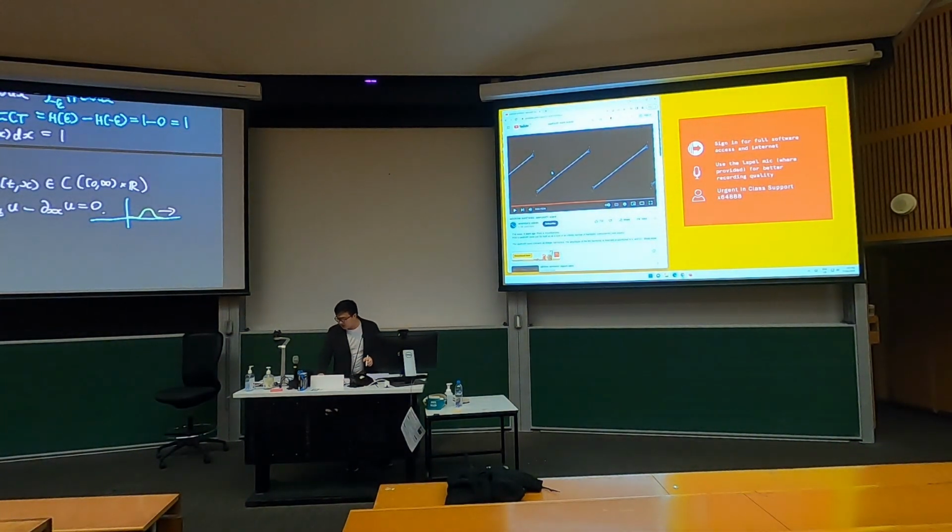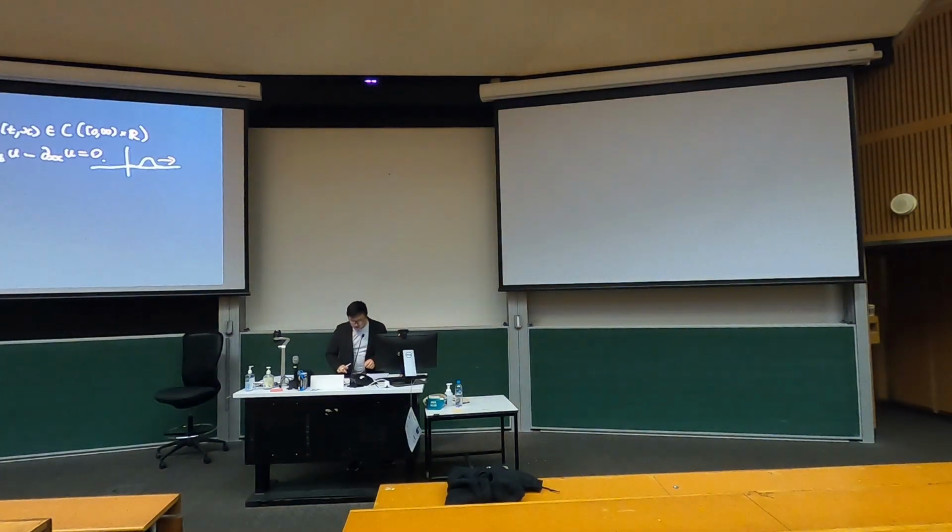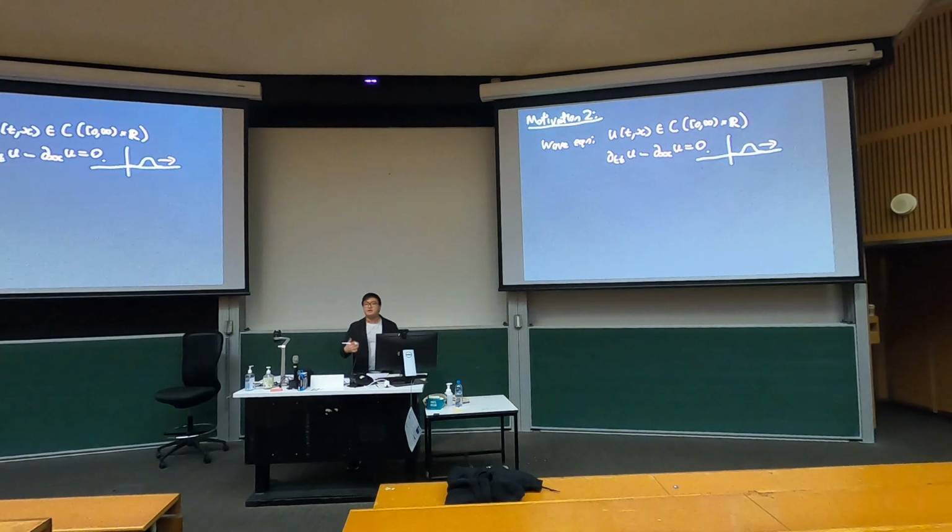So if we return here, I have a situation where I want the wave equation to work for something like the sawtooth wave. It's something I can imagine very naturally, but the problem is at all these points at regular intervals, I have an issue of differentiability.